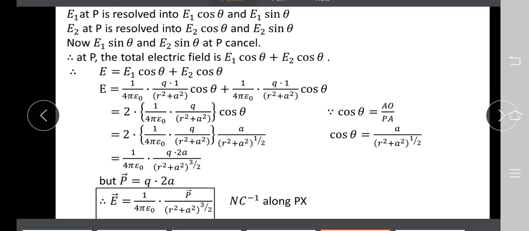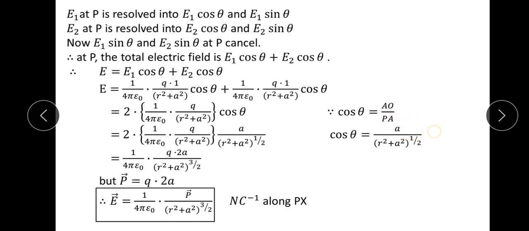You can observe here cos theta is a divided by r square plus a square to the power of 1 by 2. Now cos theta is substituted as a by r square plus a square to the power of 1 by 2. Now rearrange the equation. Let us take the 2 inside the bracket and also a inside the bracket.